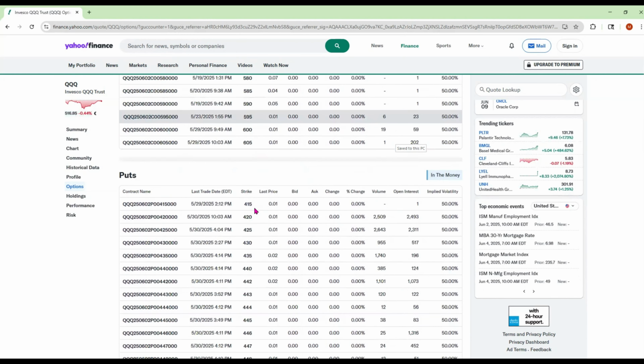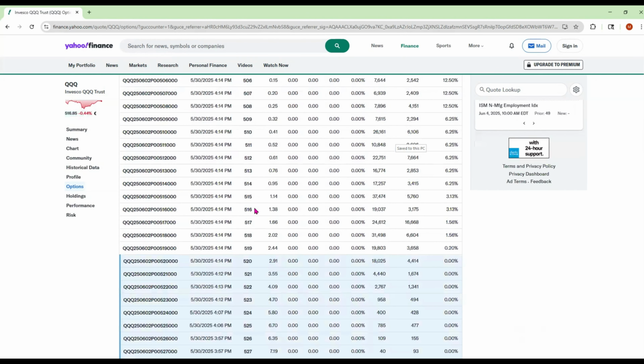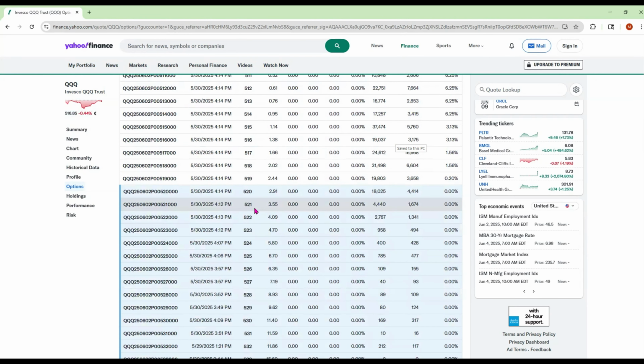Now let's look at the puts. Now this is the opposite. Someone's going to pay you, or you're going to pay them, an option to buy QQQ at the end of the day for the given price. So say your strike price is 519, QQQ 2025, June 2nd is a put.